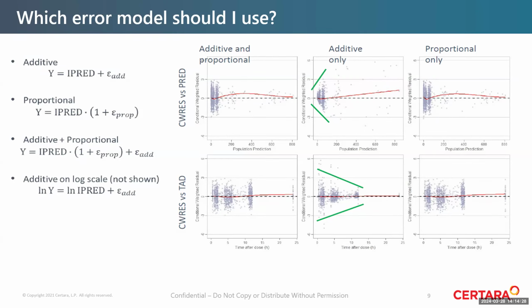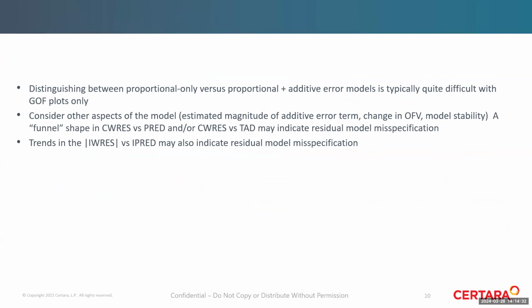From this, we can see that it was quite difficult to distinguish between the proportional only versus the proportional and additive error models on a goodness of fit plot. However, you can consider using other aspects of the model.